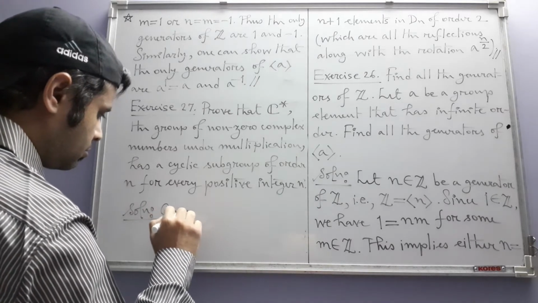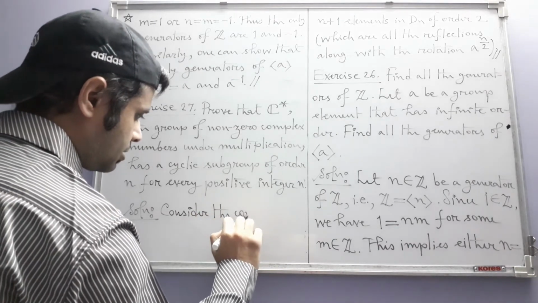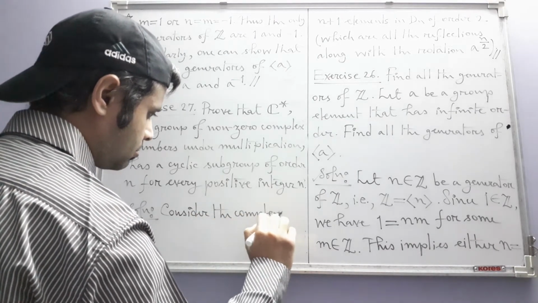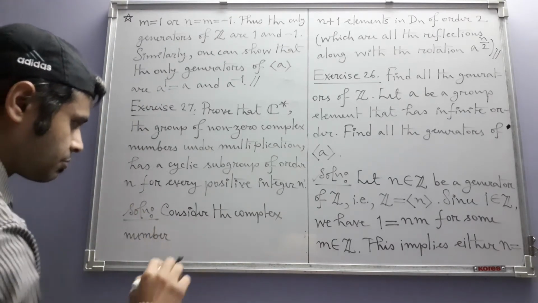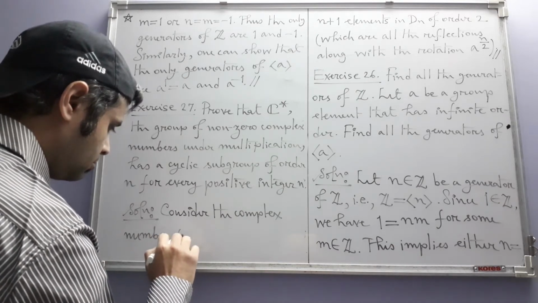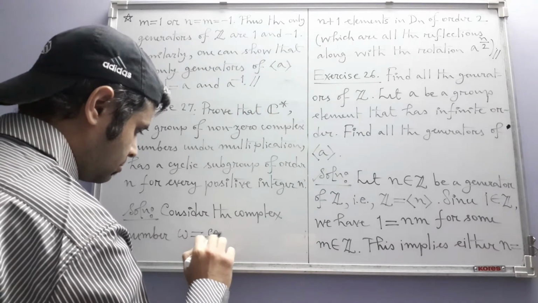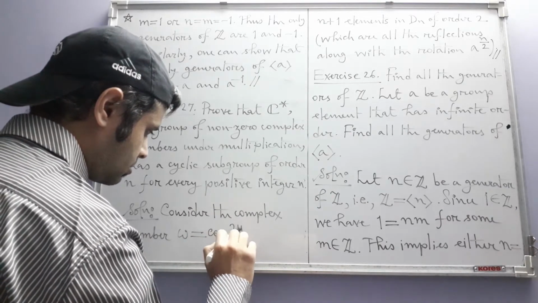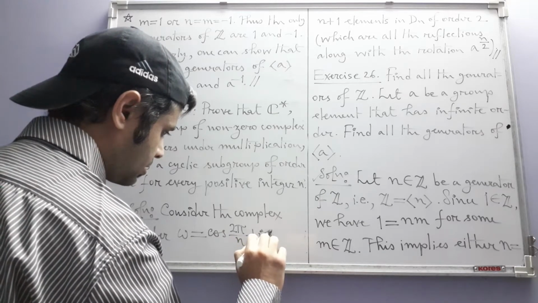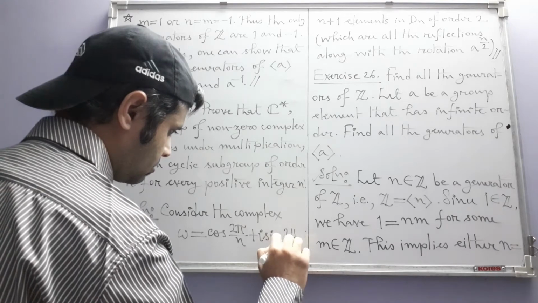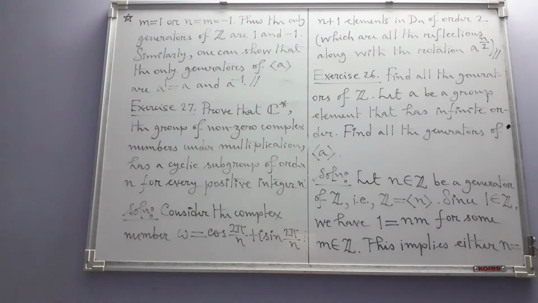Consider the complex number omega equal to cos 2 pi by n plus i sin 2 pi divided by n.